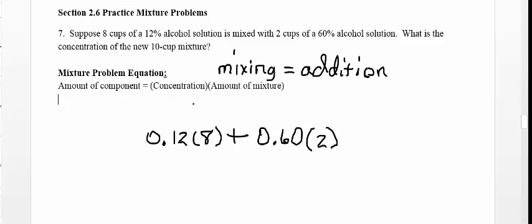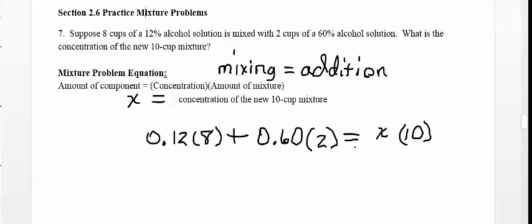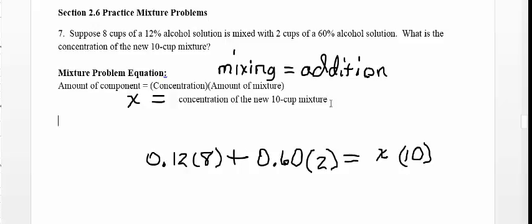And let's talk about what that actually is. So that's actually, first of all, what we don't know, taking words from the original problem, is the concentration of the new 10-cup mixture. So that's my X. And notice in every problem, concentration, in every part of the problem, concentration is multiplied times the amount.